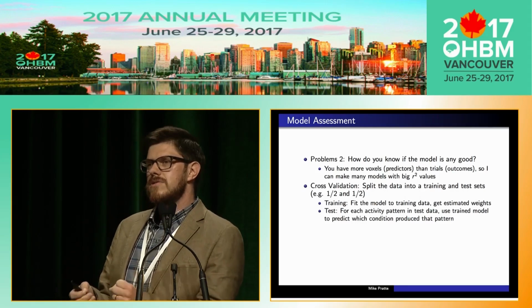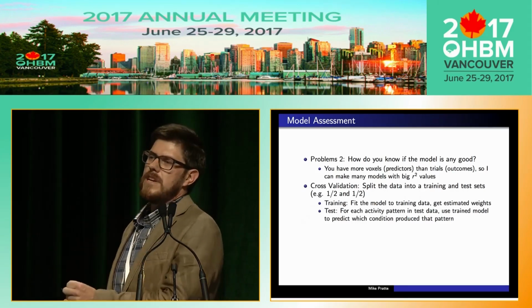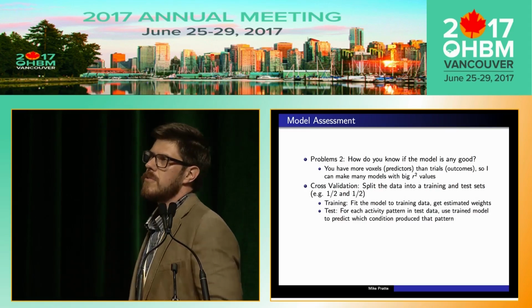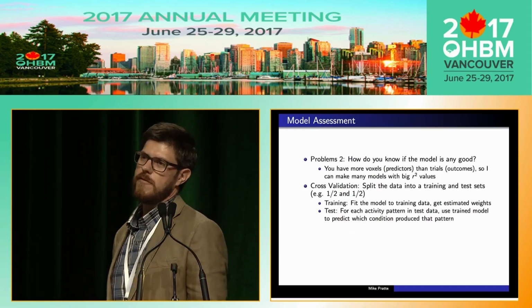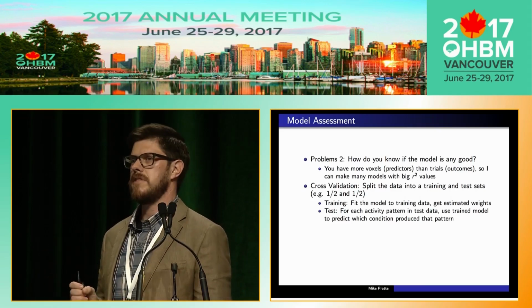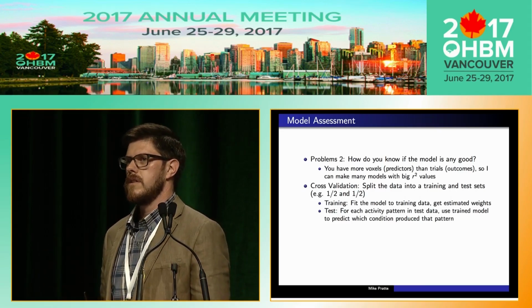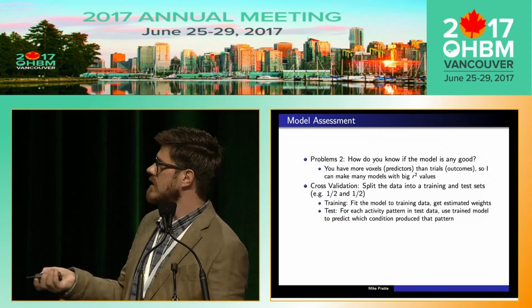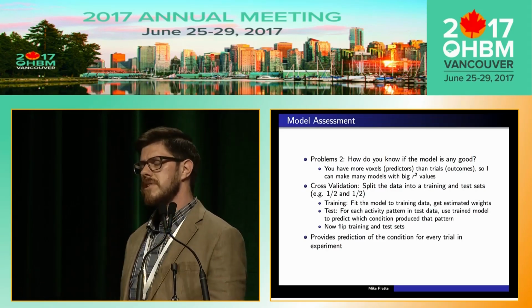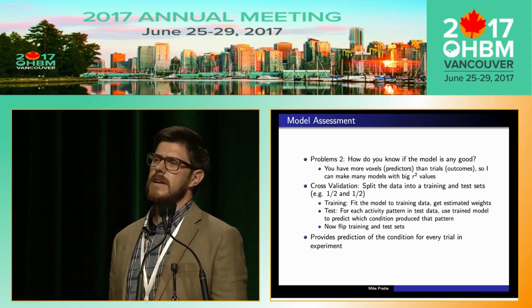I'm now going to use that model and the activity in the second half of my data to make a prediction. I want to predict on every trial in the second half of my data, was it a face or a house that produced this activity pattern on this trial? So what I'm going to try to do is what's sometimes called decode the stimulus condition that produced those data.